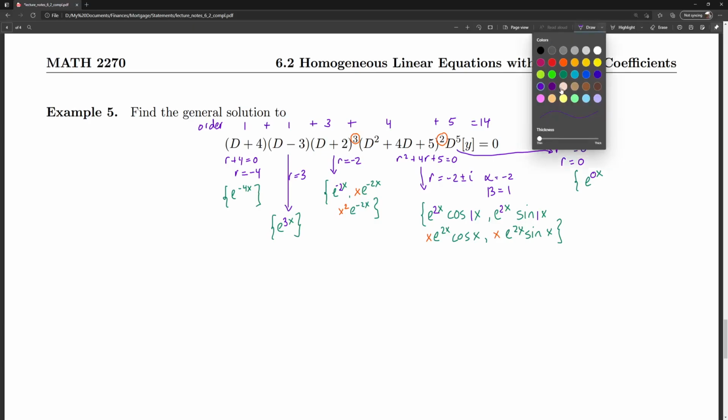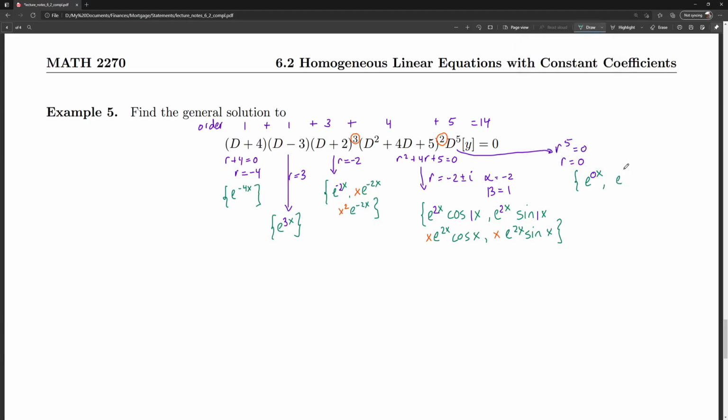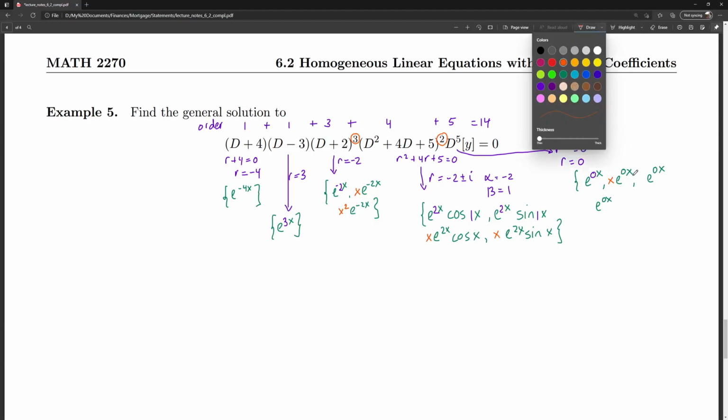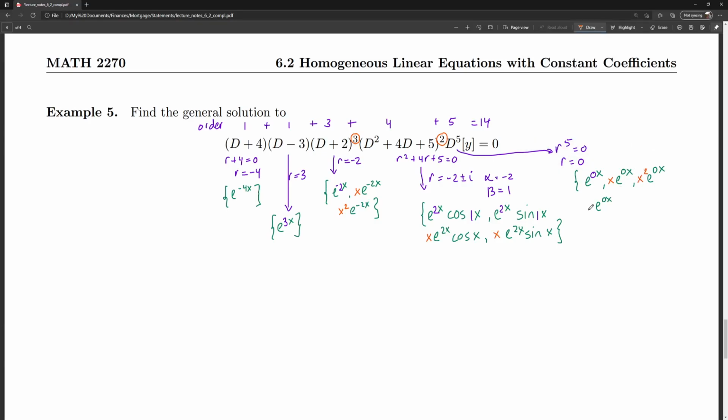And then the second one is e^(0x) with an x in front. And then we have x^2 e^(0x), and then x^3 e^(0x).